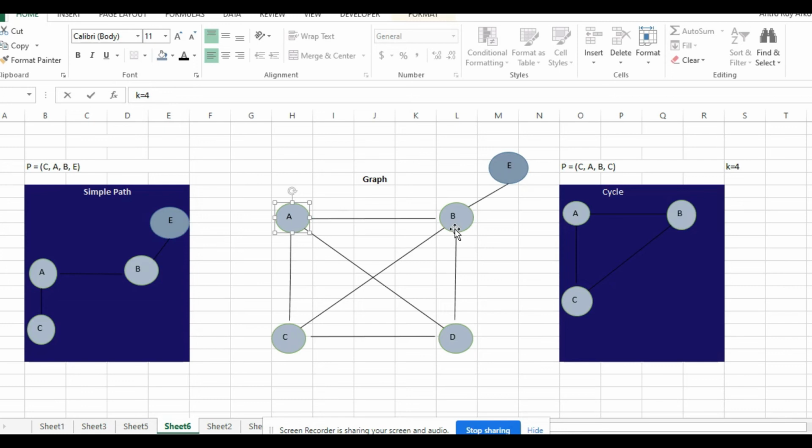Similarly, B has paths with all the other vertices in the graph, right? And lastly, C, D, and E also have paths with all the other vertices in the graph. As a result, since each vertex in the graph has some kind of path, direct or indirect, with all the other vertices in the graph, this particular graph can be called a connected graph.